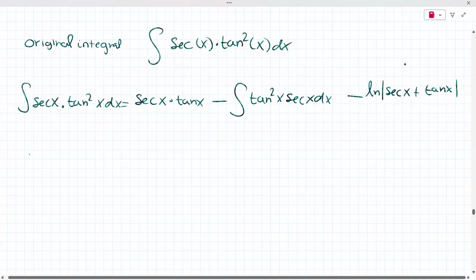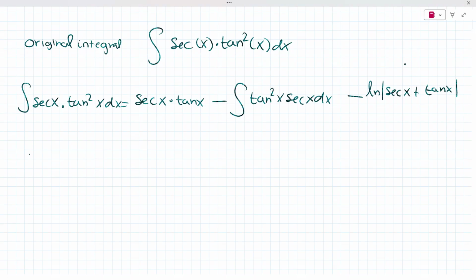Okay. Now what I would do is maybe move this negative tan squared of x secant of x dx to the left by adding to both sides.